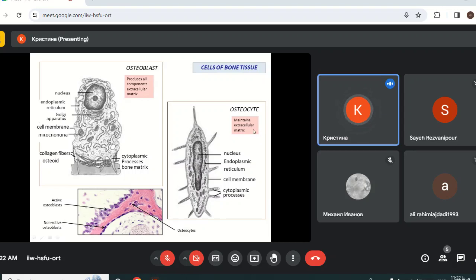They can just maintain the extracellular matrix. And the hard extracellular matrix is not capable of diffusion of any substances through it, because it's hard.